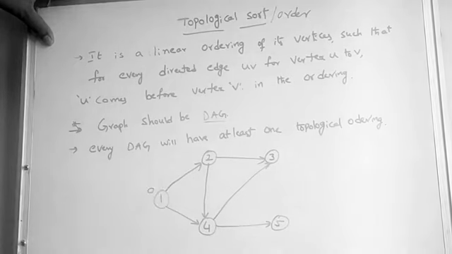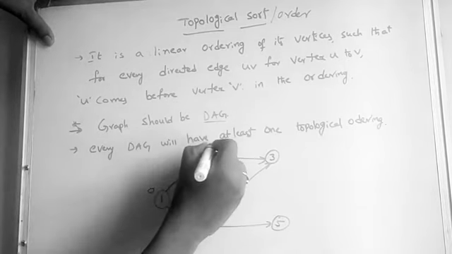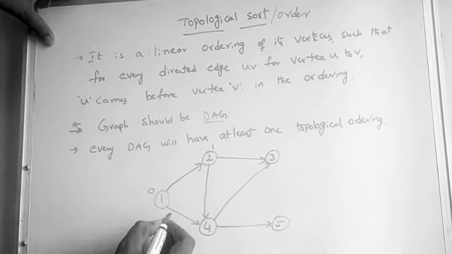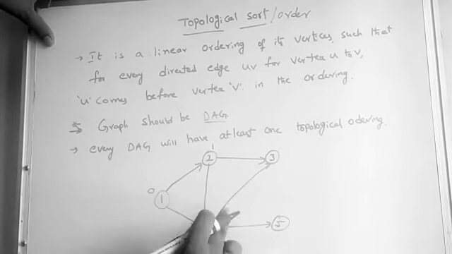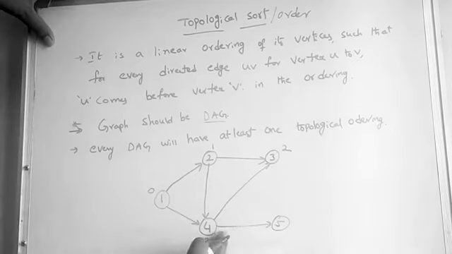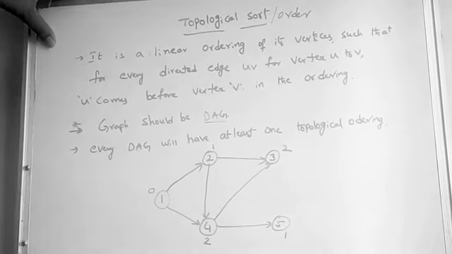Next, in degree of 2: node 2 receives an incoming edge from 1, so the in degree count is 1. Next, 4 has how many incoming edges? 1, 2. So in degree 2. Next, 3 has in degree 2. 5 has in degree 1. Now we have found the in degree of each vertex in the graph.